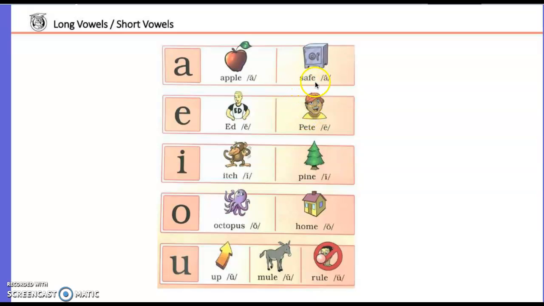A, safe, A. E, Pete, E. I, pine, I. O, home, O. U, mule, U. And U also has a third vowel sound that it can make, and it says rule, oo. U, rule, oo.